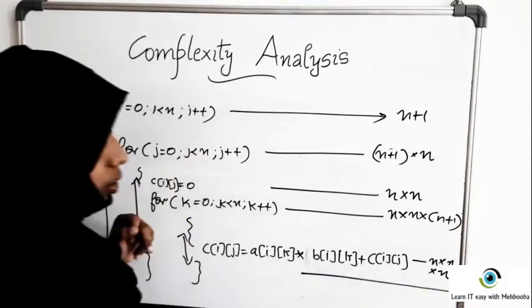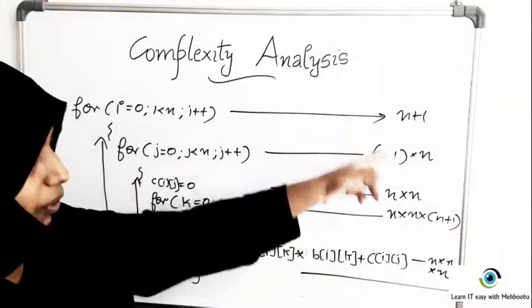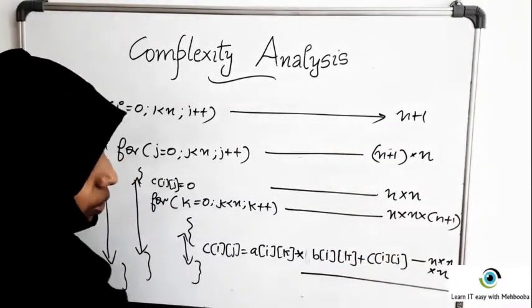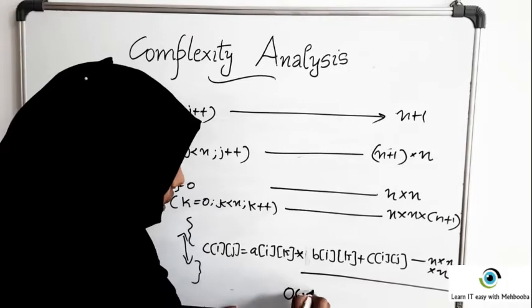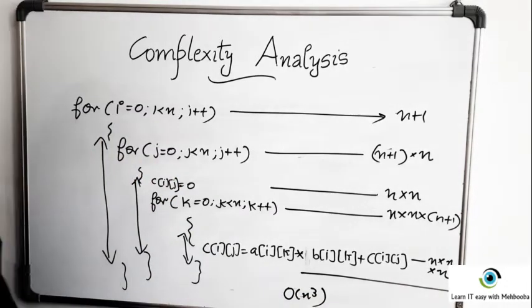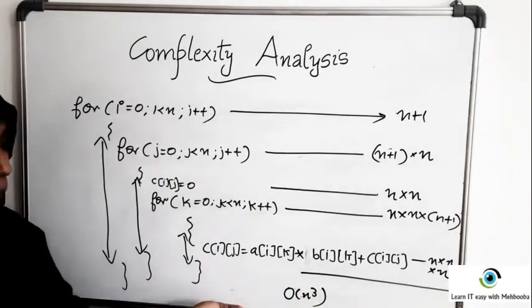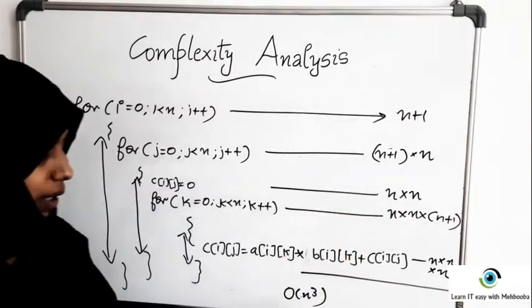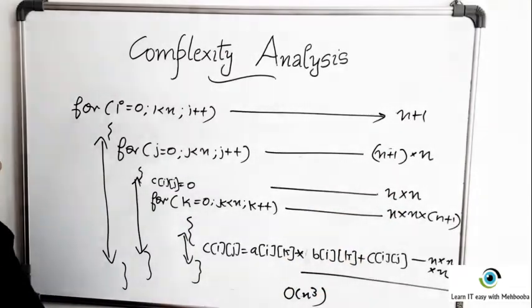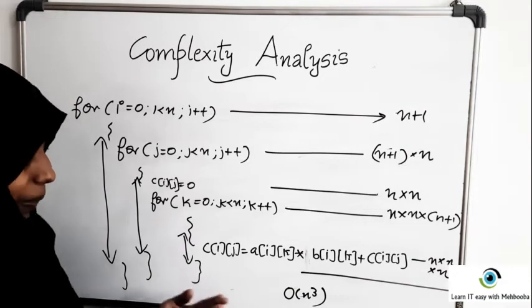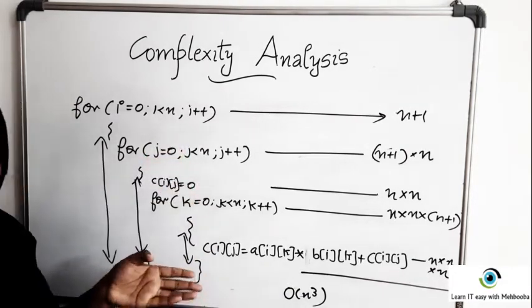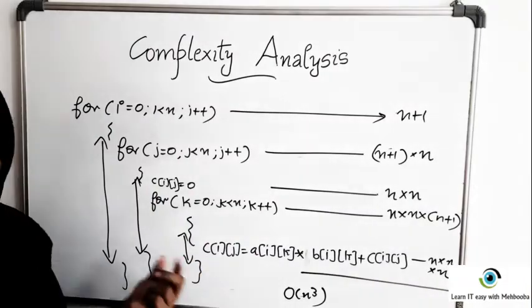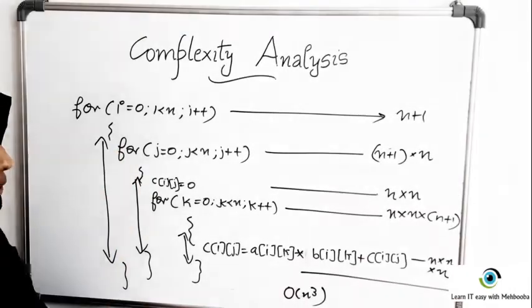Now get the total frequency count, add all these frequency counts and take the highest power term of n without any coefficients, and you will get order of n cube. That is the highest power term of n without any coefficient. So that will be n cube. Okay. So that means if the arrays contain 100 elements, the multiplication will take 100 cube time to run to its completion. That is the inference here.